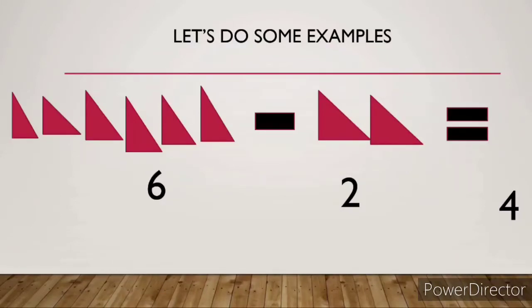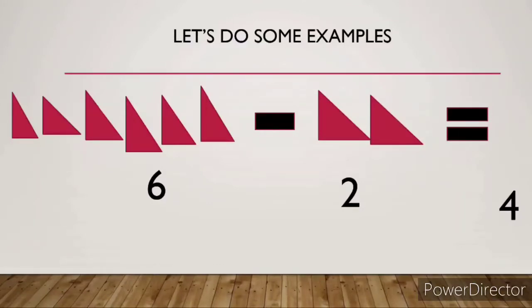So 6 minus 2 equals 4. But how did we get that? We had 6 triangles, and minus or subtract means to take away. So if we take away 2 from the 6, we only have 4 left.